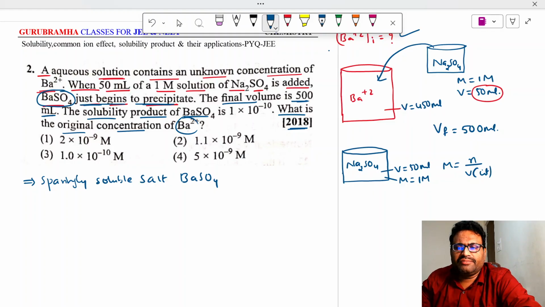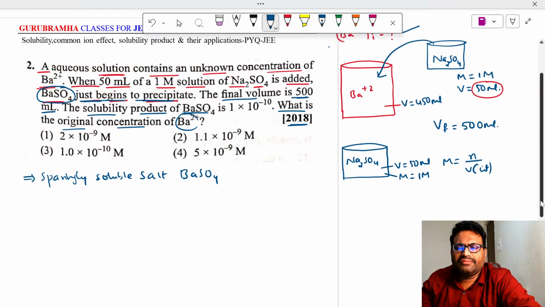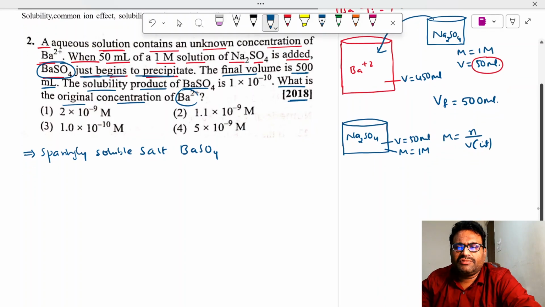Otherwise you can also calculate like this. Now when you are adding this to this, the volume has become 500 ml. That means it is being diluted.